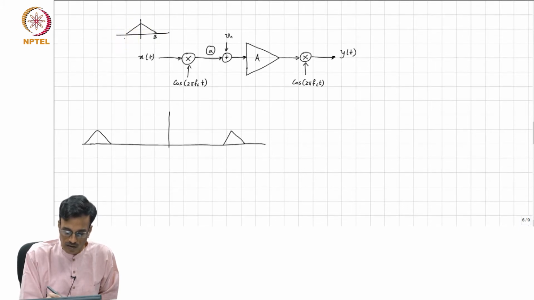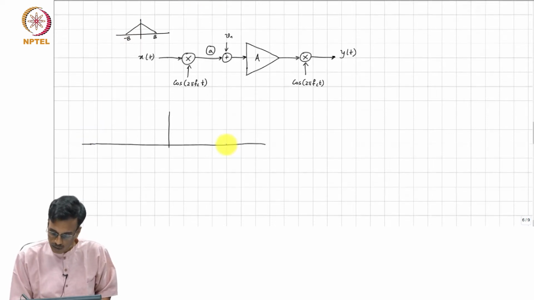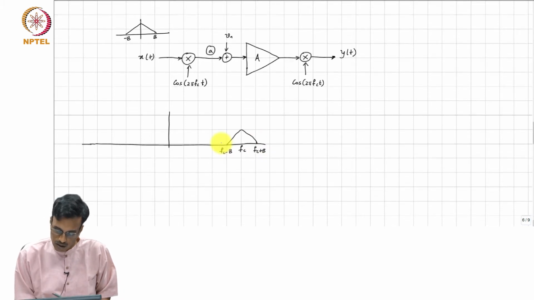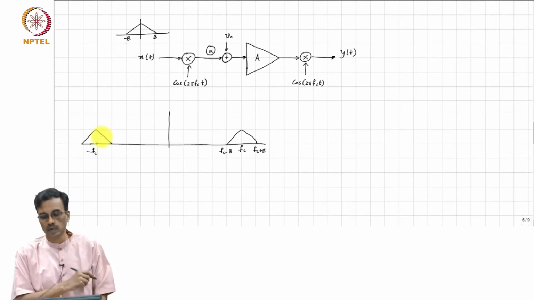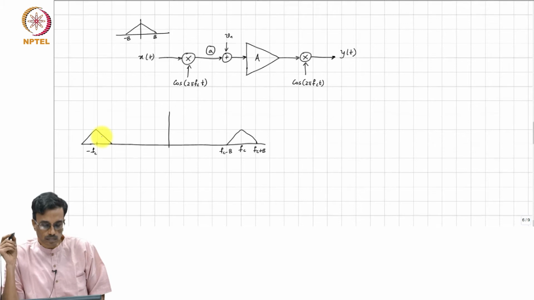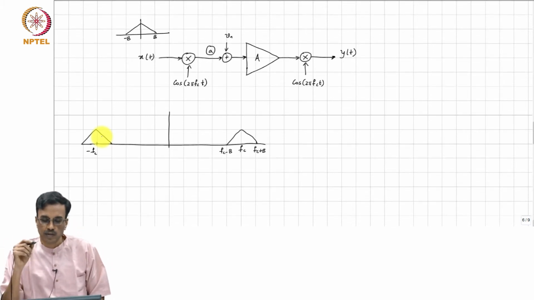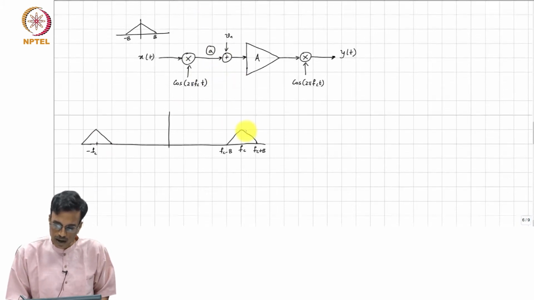This is b and this is minus b, let us assume that this is f c, this is f c plus b, f c minus b, and similarly this is f minus f c, and you have the same thing, right. Okay. So, the next thing is, what happens? Well, we are adding, so this is the spectrum at A, all right.